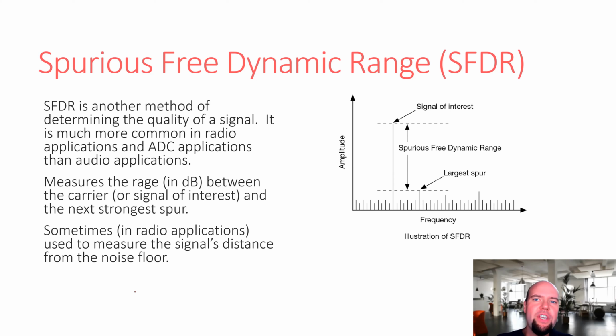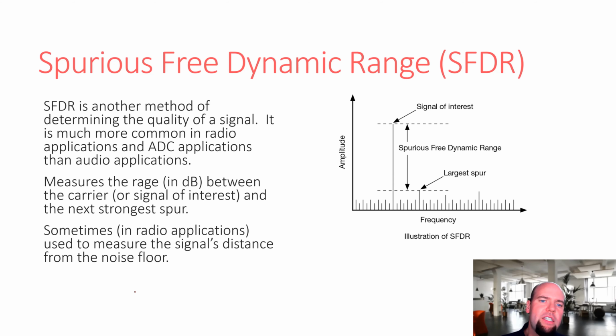So it's not necessarily looking at the total magnitude of all those other harmonics. It's looking at what's the most pronounced harmonic and what is the distance in decibels between the signal you care about and that harmonic, which is also called a spur. A spur referring to the peak that is off the main peak, right? Just another way to say peak.